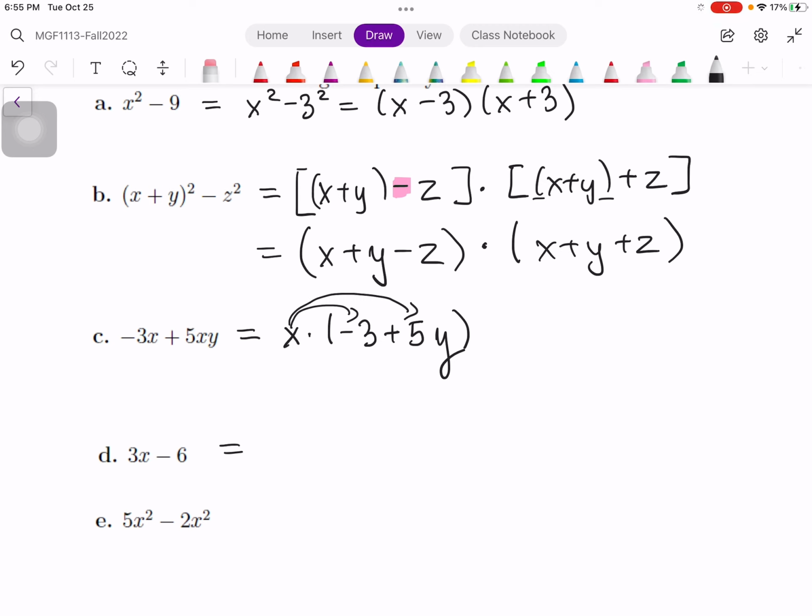What can you factor out here? Well, only 3. Now, notice that to really truly see how the factoring out works, you would have to write 6 as 3 times 2. So now you see that common factor that can be pulled to the front, and you end up with 3 times x minus 2. And you can check: if you were to distribute multiplication over this difference by 3, then you should end up with 3x minus 6, right?